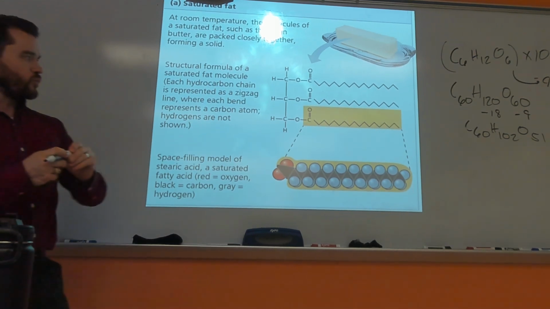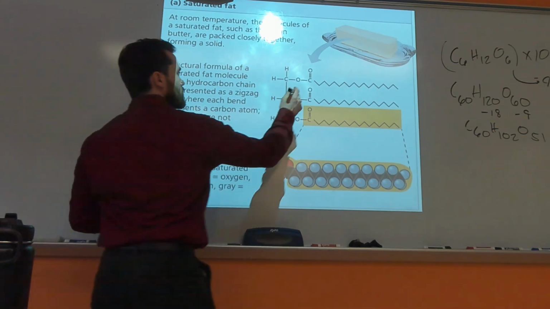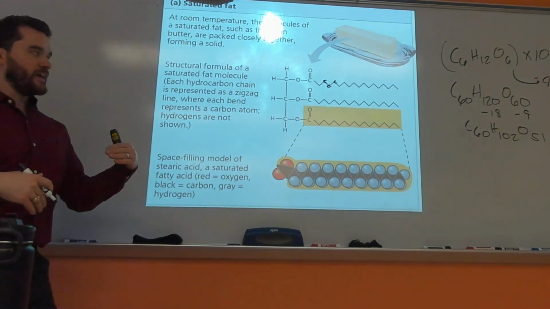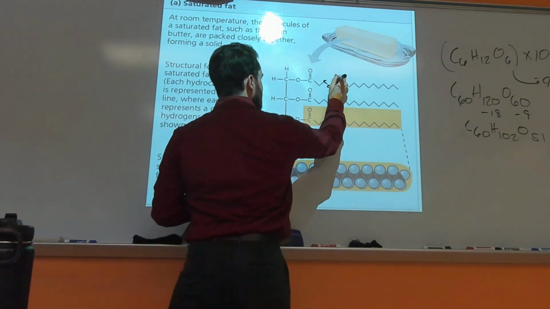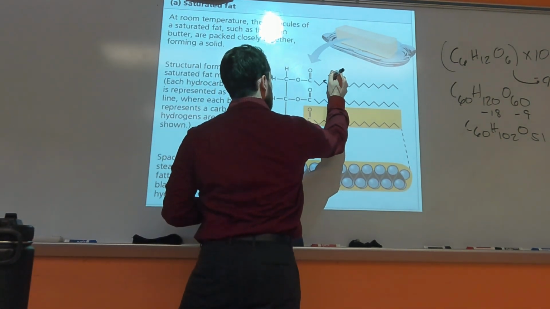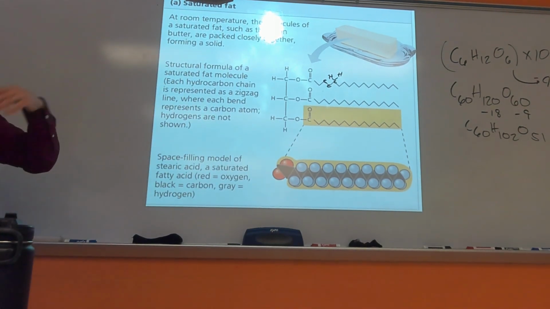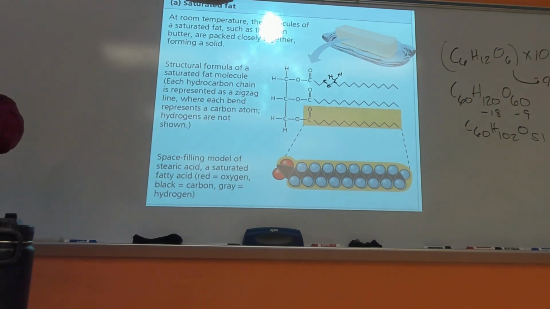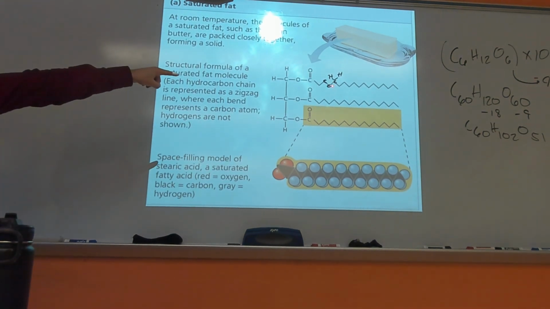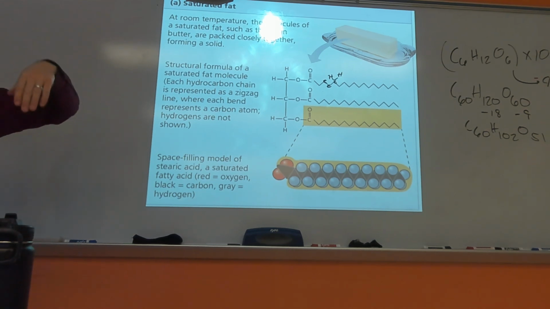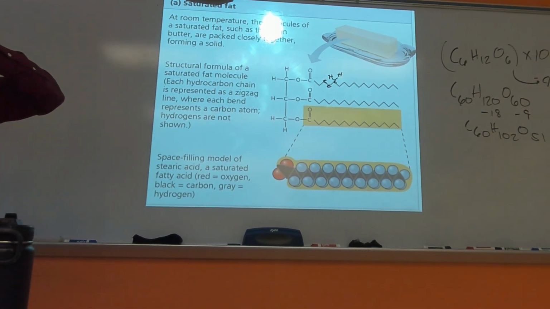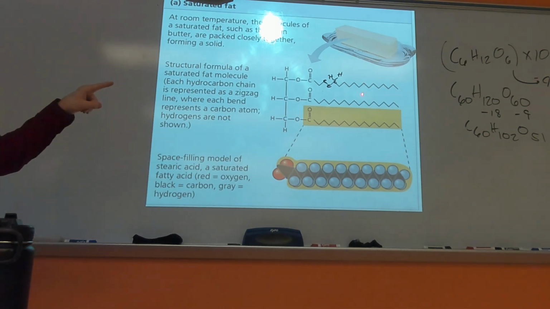A reminder of what the zigzag is referring to: each edge is a carbon, and then there are hydrogens that come off the carbons. We can assume there are two hydrogens there because carbon forms 4 bonds. So 2 of the bonds are being used to link up with other carbons, and then there are 2 hydrogens that can pair up with that carbon. Anyways, you'll see no double bonds here.